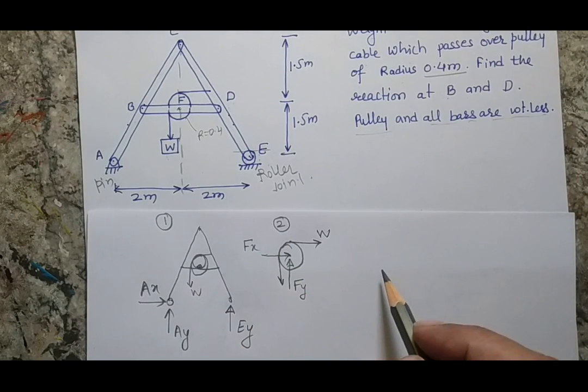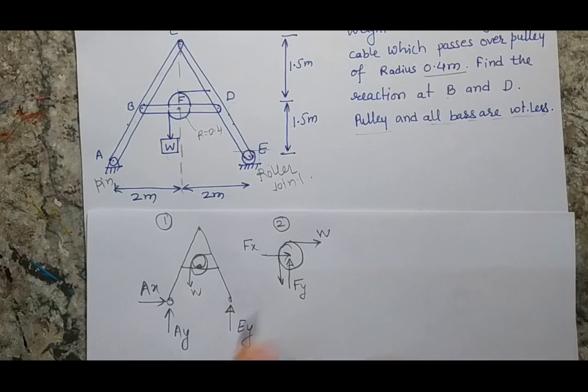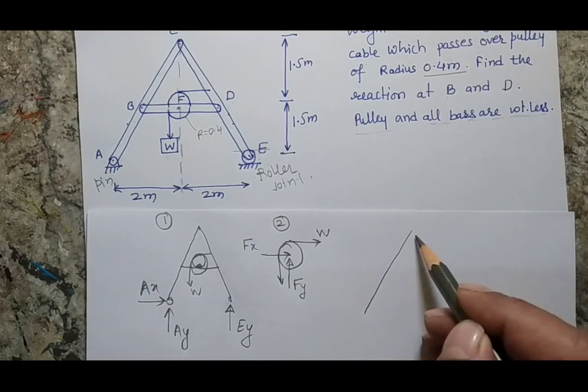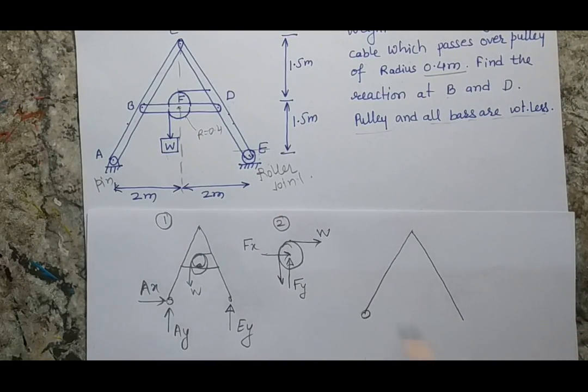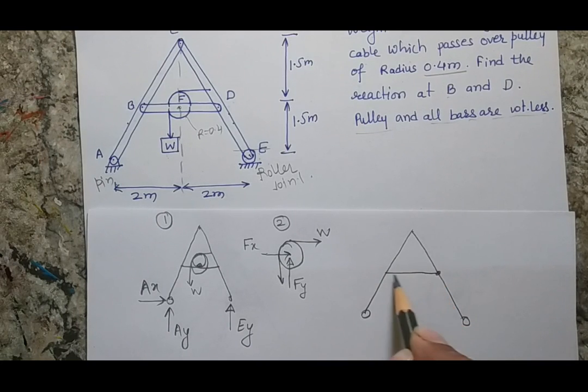The third free body diagram would be: let's remove the pulley only and take all other things. So the effect of the pulley will basically come on the bar because of these two reactions. So again, this is my bar. Since I am only removing the pulley, this would be my bar here, and there will be two forces in addition to these two forces.